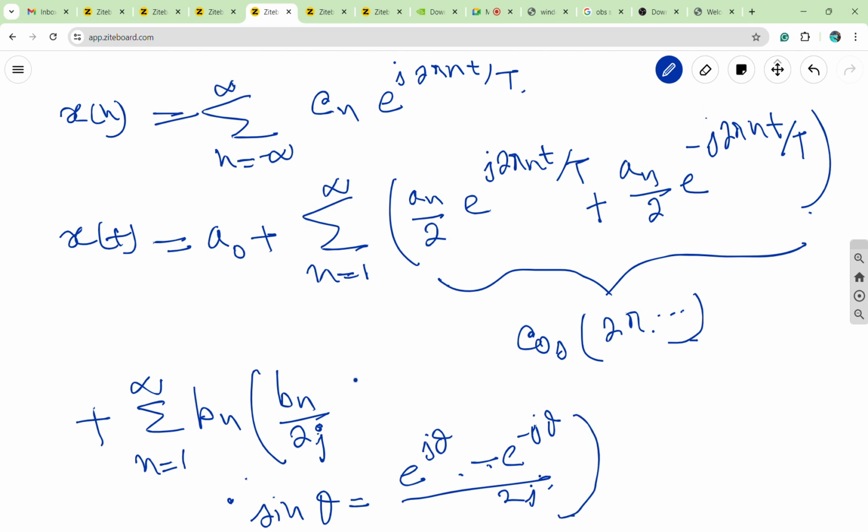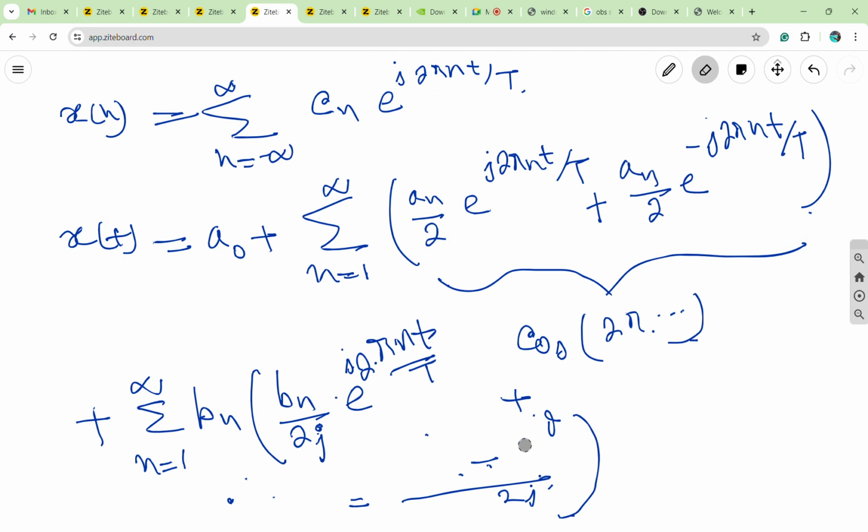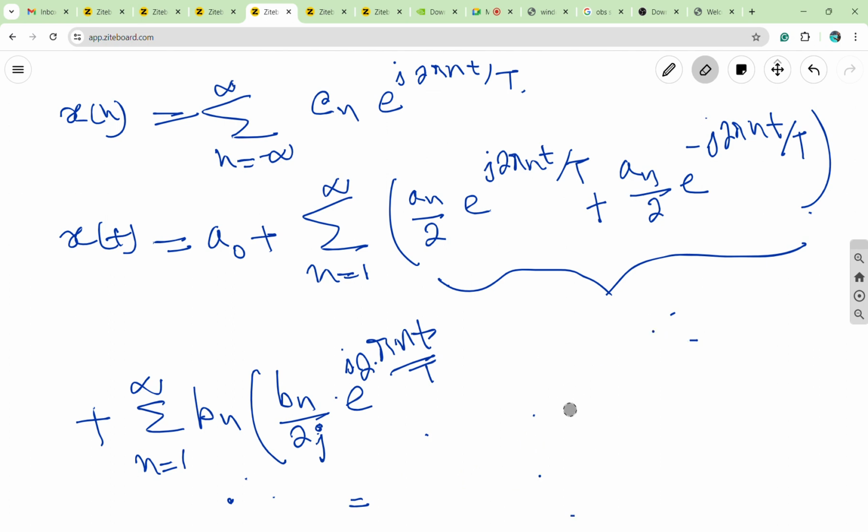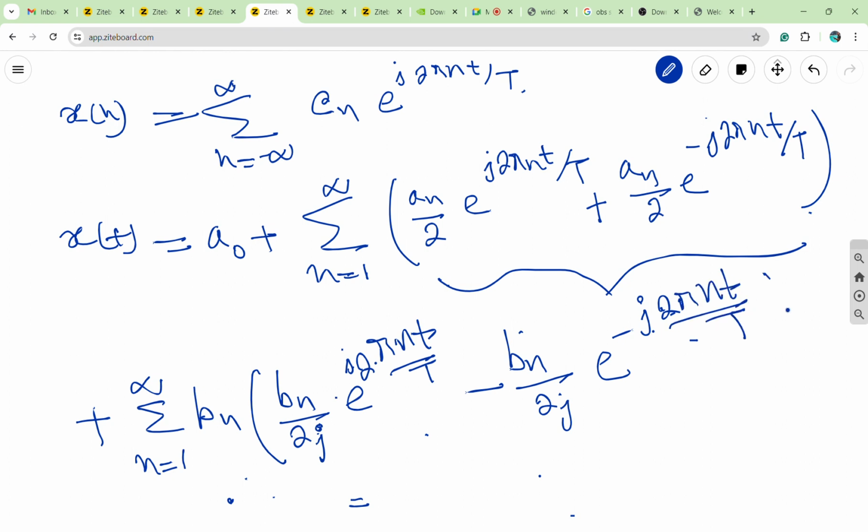With that, it becomes e to the power j 2 pi nt by T, minus, because we are talking about the sine term only. So this is b n by 2j times e to the power minus j 2 pi nt by T.